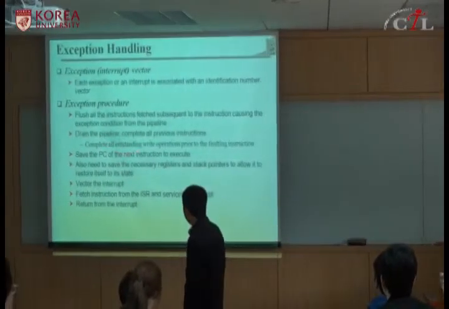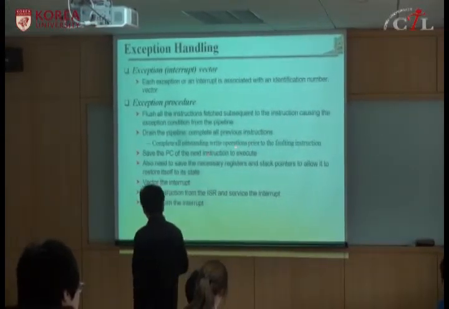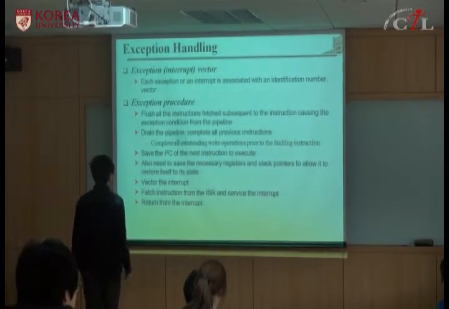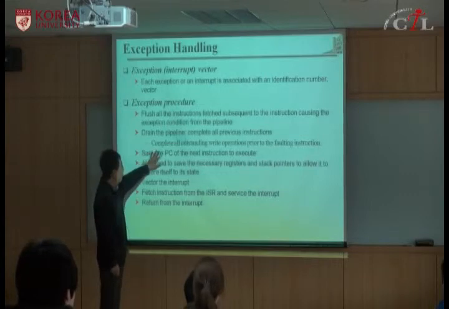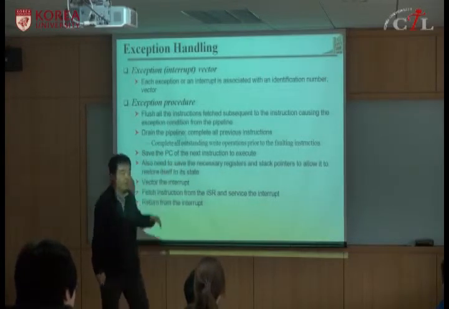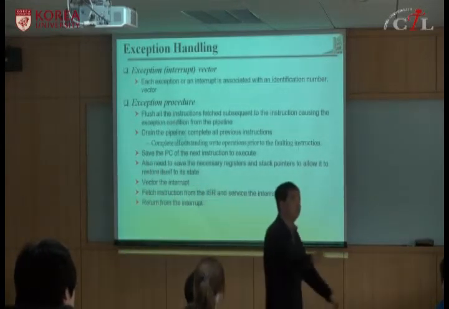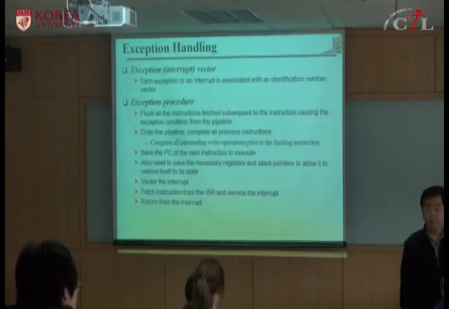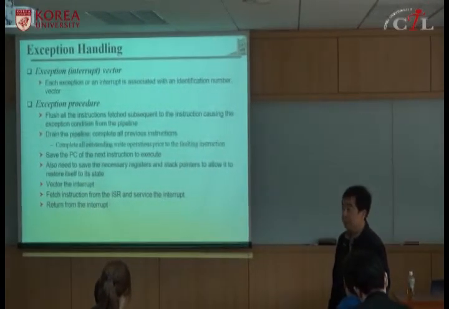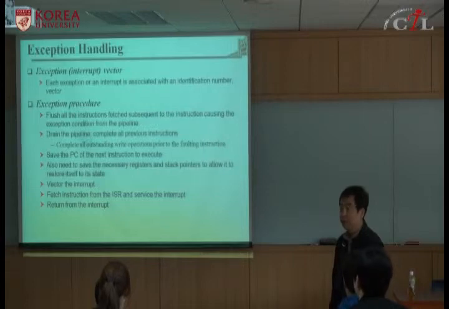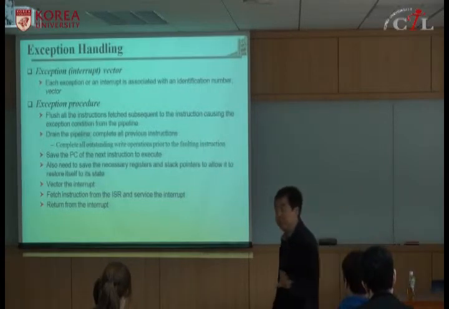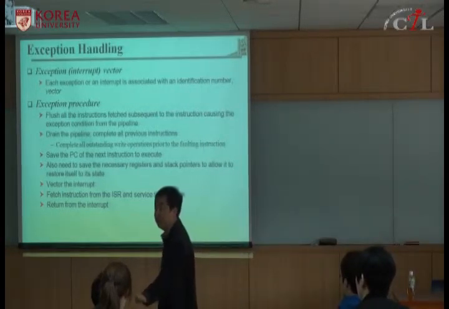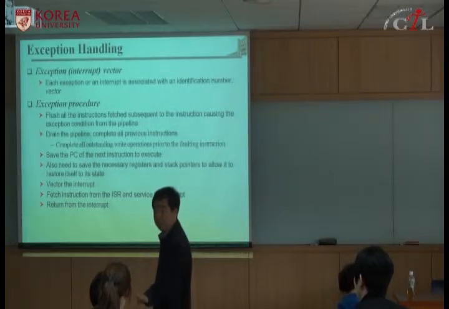And you complete all outstanding write operations prior to the faulty instruction. And then you have to save the program counter of the next instruction to execute. If this is a fault, you have to save the address of this instruction. If this is a trap, you have to save the address of the next instruction, because you have to restart from here.